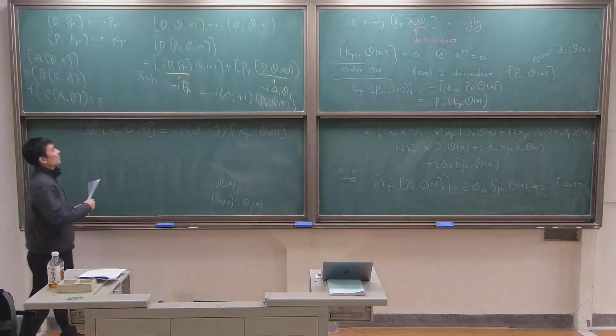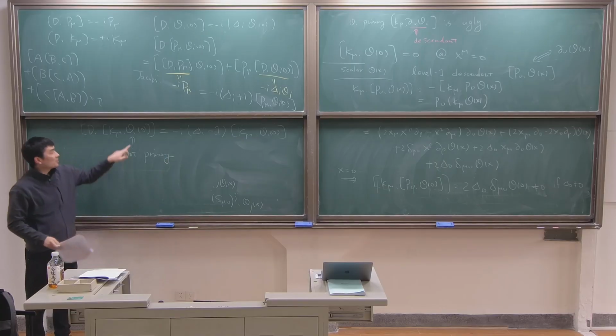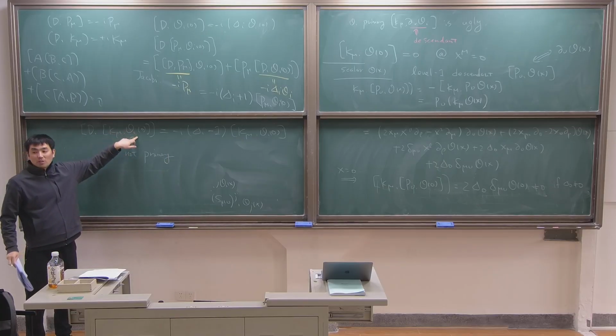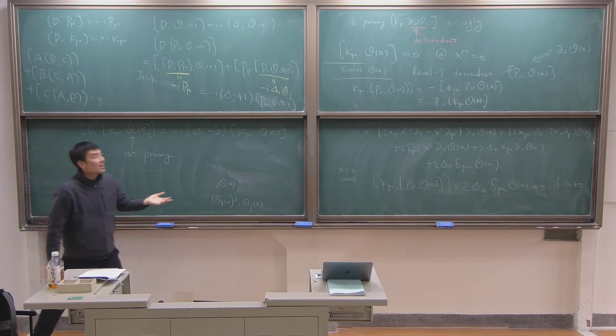And I assume this guy is not primary, because if it were primary, K acting on O primary is what? 0, as I mentioned.